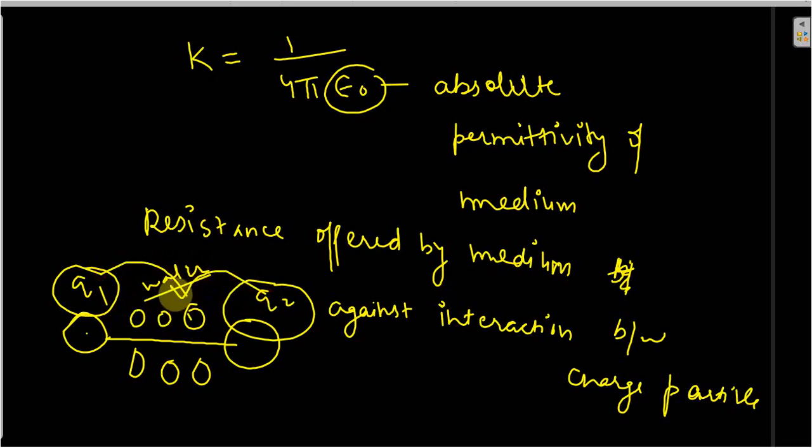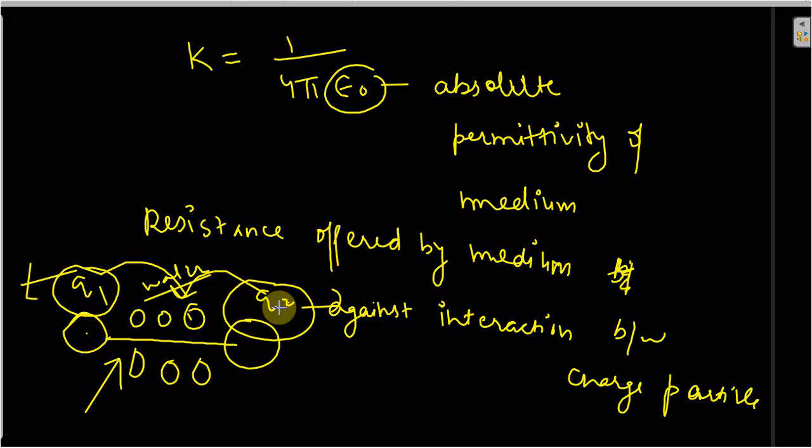Just like in current there is a resistance to the flow of charged particles, similarly the medium offers some resistance to the interaction between the two charged particles. So this is the absolute permittivity of the medium.